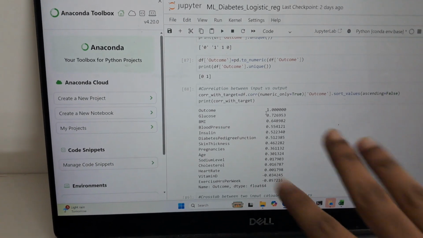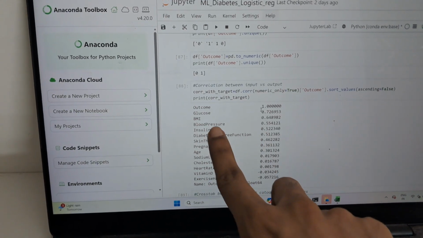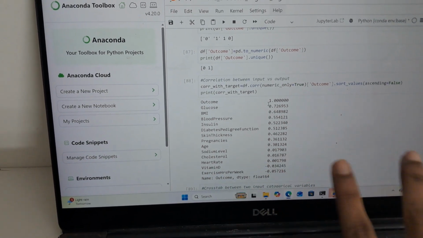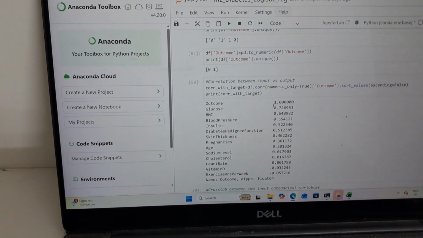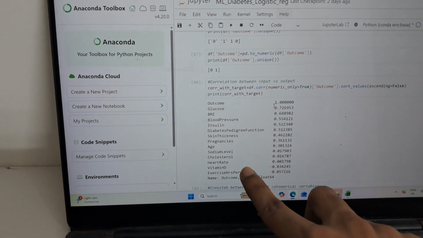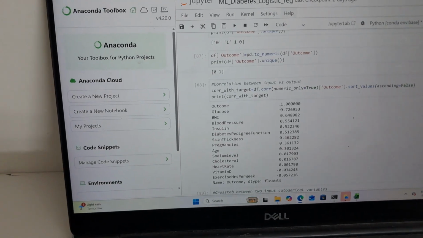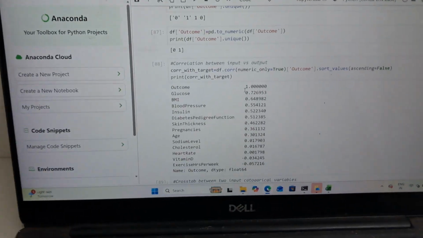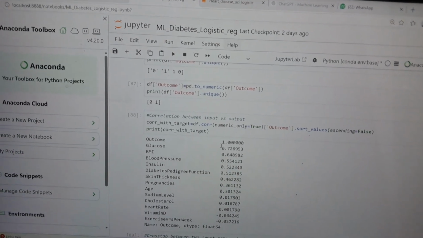So here similarly, here glucose, and here blood pressure is 0.5, 0.6, 0.7. So these are near to 1. So I'll keep those values. And next, though it is near to 0, it's okay to keep, because heart rate, vitamin D, whether you remove or not, it doesn't matter much, because as these are health related values, it only causes high computation power, that's all.